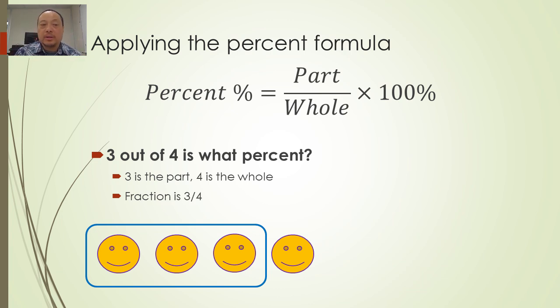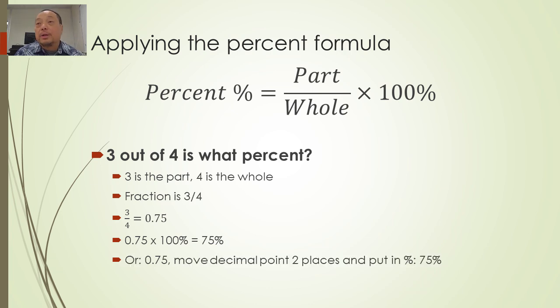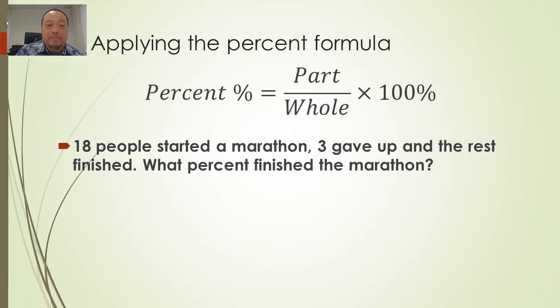Plug in the formula. 3 over 4 equals 0.75 times 100% equals 75%. Or you can do it differently as 3 over 4 equals 0.75, and then you move the decimal point 2 places to the right, equals 75%. So far, so good.